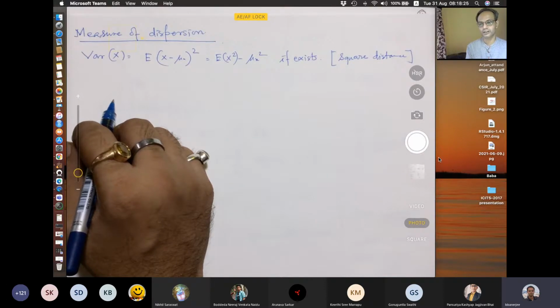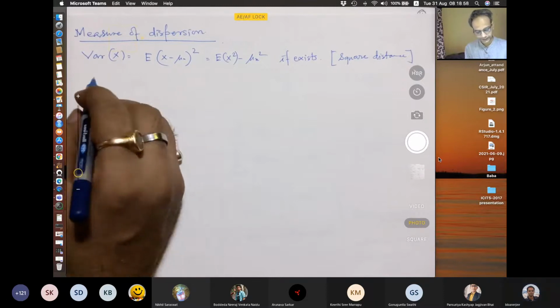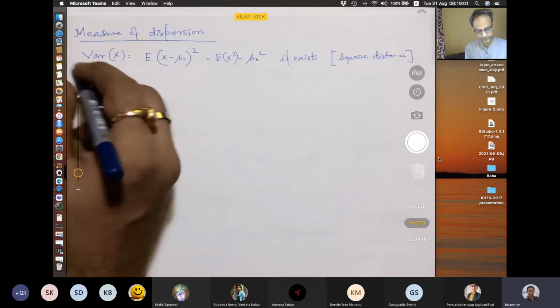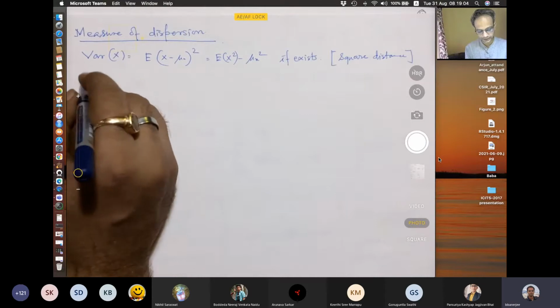Always using square distance and absolute distance is not good enough, and very often they are misleading. Many practitioners of machine learning, artificial intelligence, and all those new things repeatedly use the wrong notion of distance and come up with very bad interpretations of the data. So you have to be careful when you are defining the distance. Another measure is the mean absolute deviation.